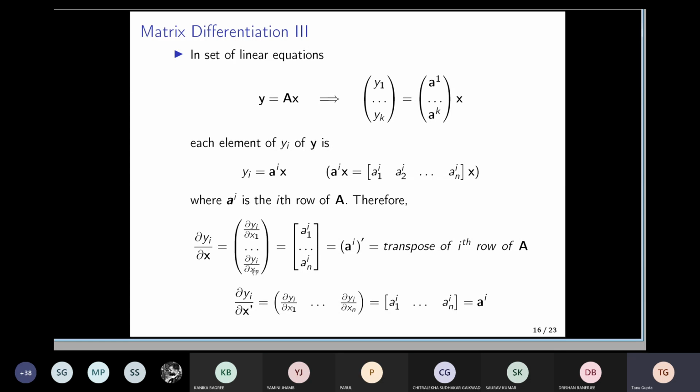Similarly, del yi divided by del xn is nothing but ain. And this is nothing but the transpose of Ai. So this is Ai prime, because Ai is defined as a row vector, but this is a column vector. It is the transpose of the ith row of the matrix.